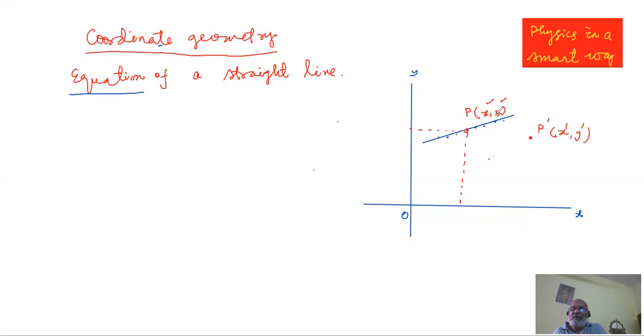Because that relationship is there, the point is eligible to sit on the line. Whereas the second point, which is off that line, has its own x and y, but the relationship between its x and y is not the same as the relationship between point P's x and y. Due to that factor, the point P remains on the line, whereas the point P dash is not.